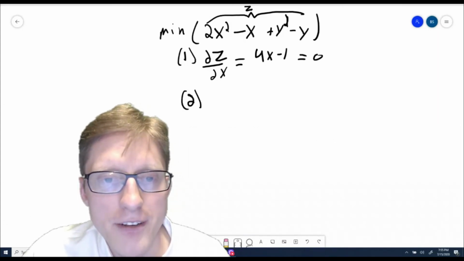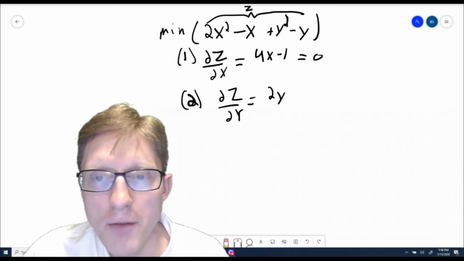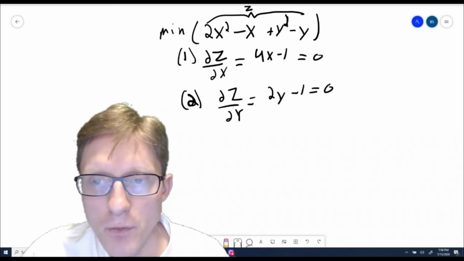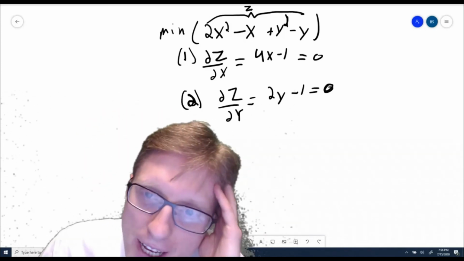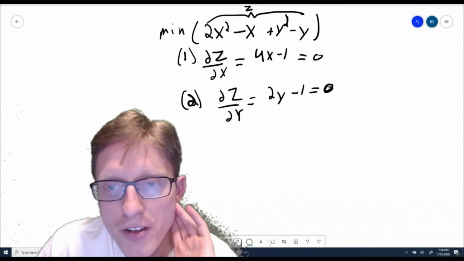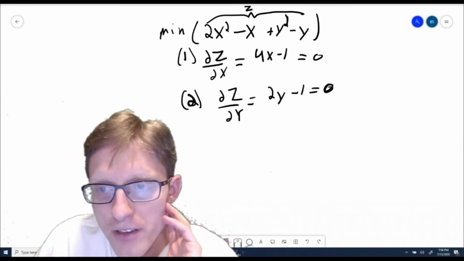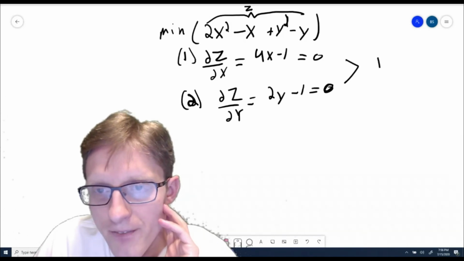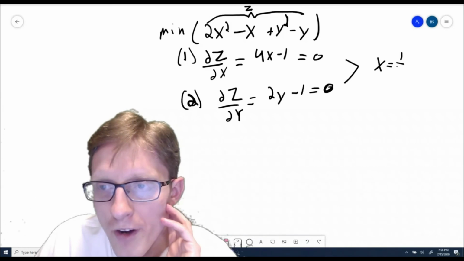And now we're going to take the partial derivative with respect to y, which is equal to 2y minus 1, and we set that partial derivative equal to 0. And then we're going to find the values of x and y which make it so both of these equations hold. So you can see pretty quickly that the solution is x is equal to 1/4, and y is equal to 1/2.